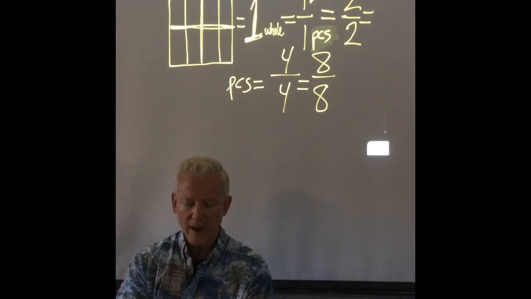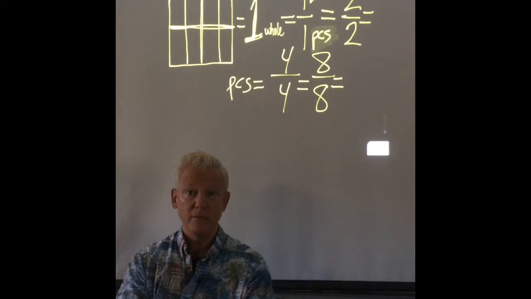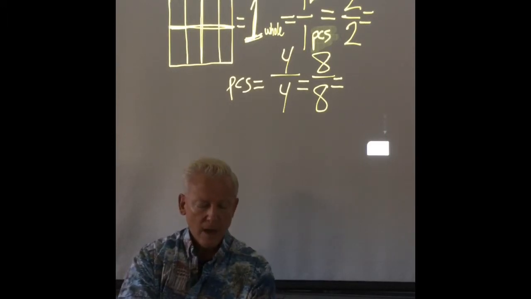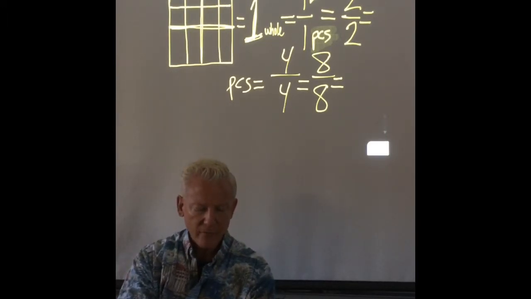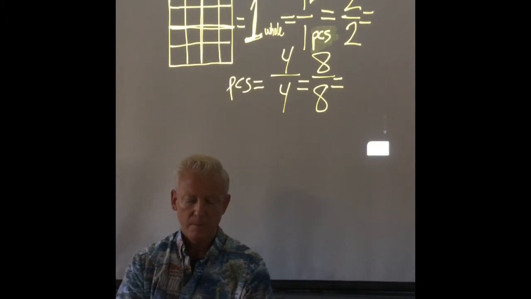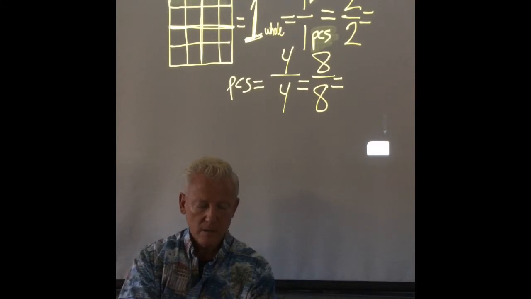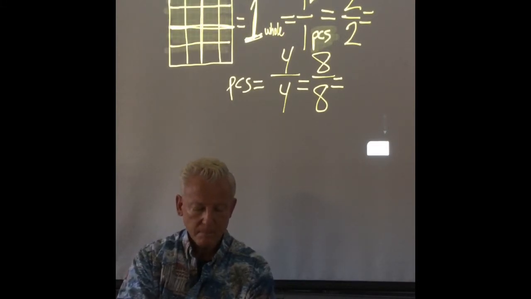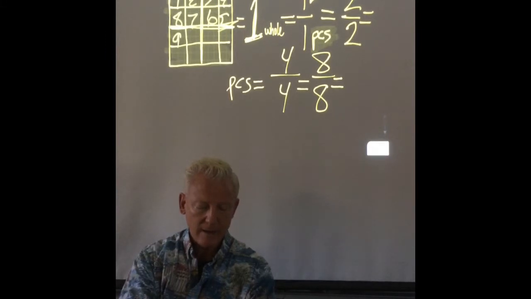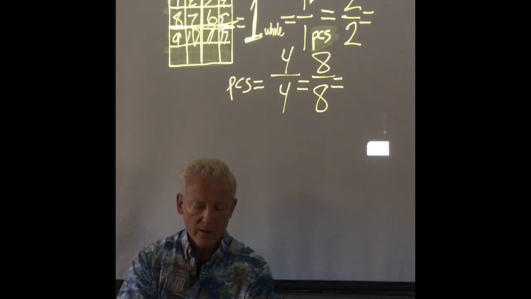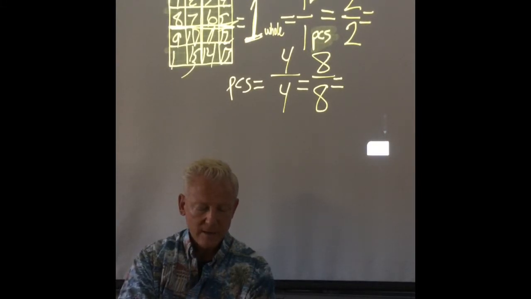Let me just do one more, and then I'll go to my next idea. I'm going to cut those in half. Wow. Now how many do I have that are all shaded in? Well, we could count 1, 2, 3, 4, 5, 6, 7, 8, 9, 10, 11, 12, 13, 14, 15, and 16.